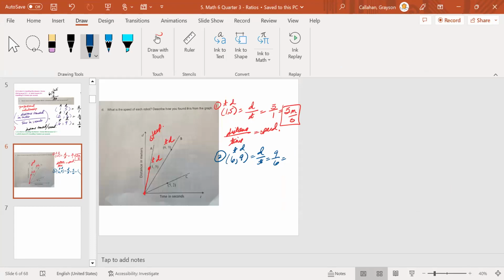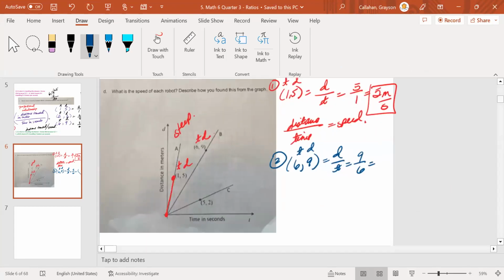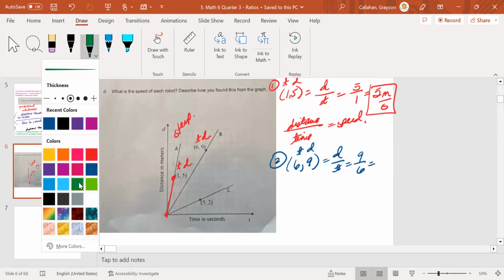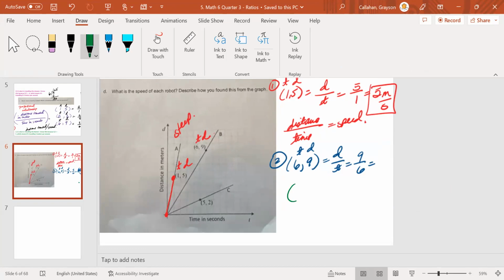Gosh dang. Okay, 1.5 meters per second. I don't know what the heck is happening here. Well, anyways, it's supposed to be there. This is so annoying. Wait a second. Okay, hold on a second. This is not working.